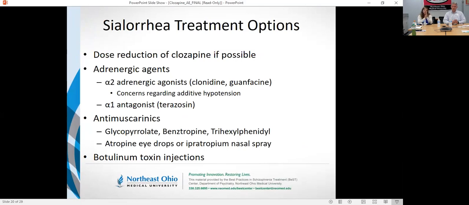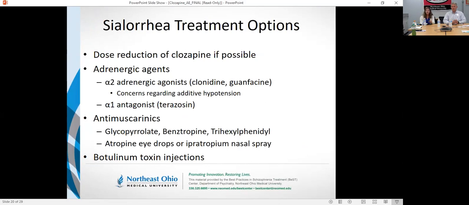The alpha-1 antagonist, terazosin, actually has relatively robust data in improving hypersalivation by some objective rating scale measures, and it's been used in combination with antimuscarinics like benztropine to show an even more robust response. For the antimuscarinics, glycopyrrolate, benztropine, and trihexyphenidyl have the most standardized evidence to support their use, but atropine eye drops and ipratropium nasal spray also have some reports of efficacy.